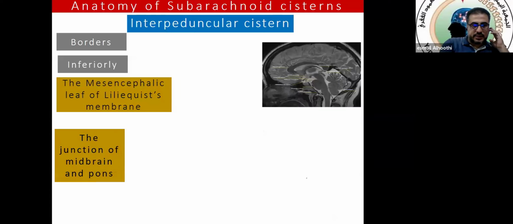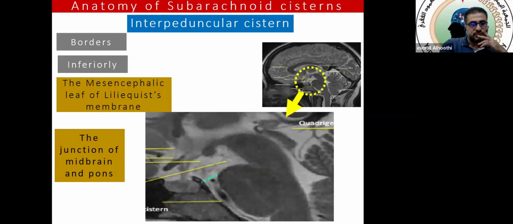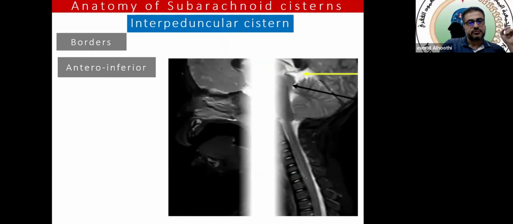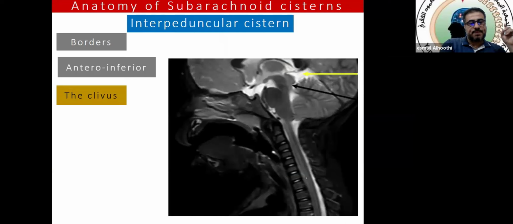Inferiorly, the mesencephalic Liliequist membrane lies at the junction of the midbrain and pons. The anterior inferior border of the interpeduncular cistern is the upper part of the clivus.